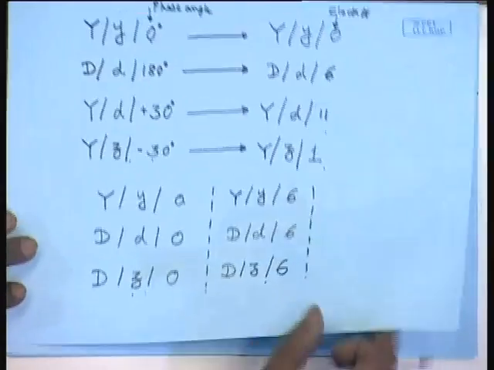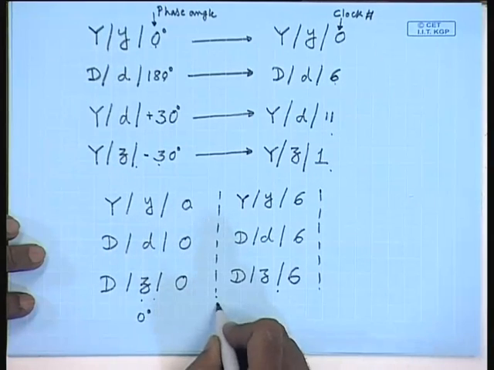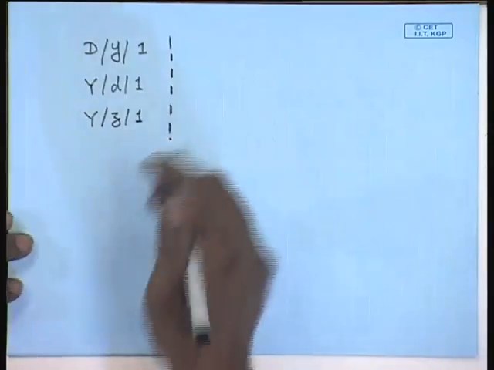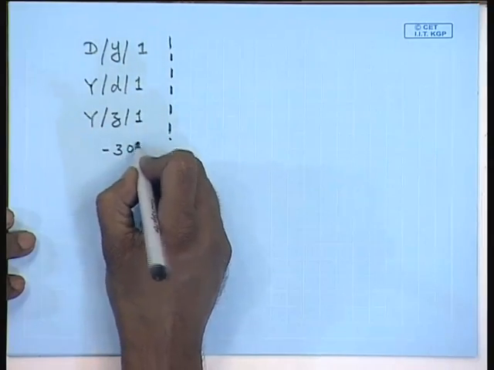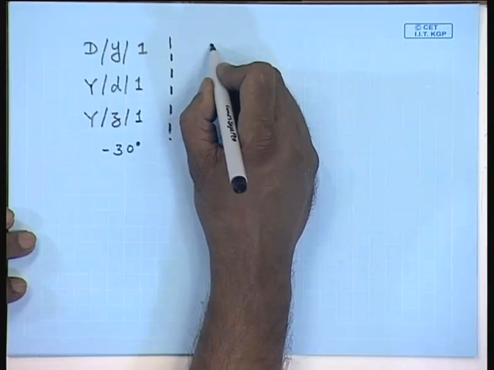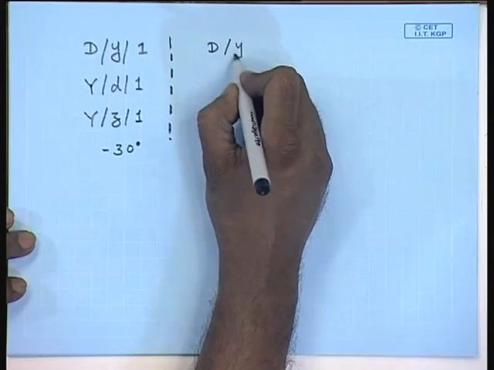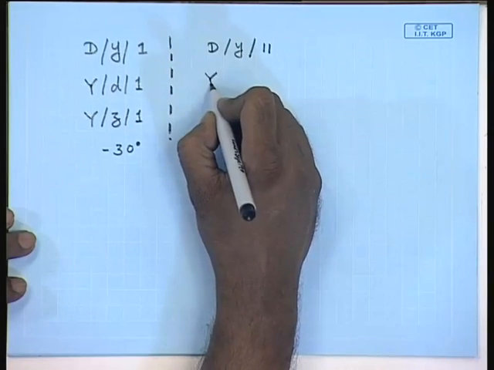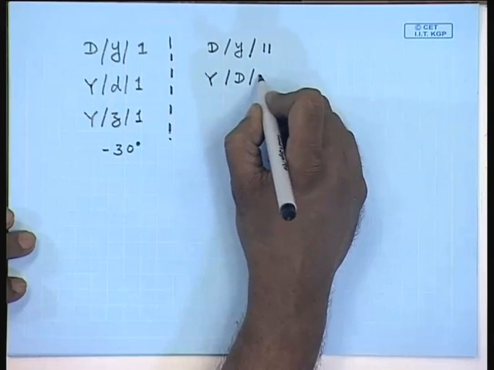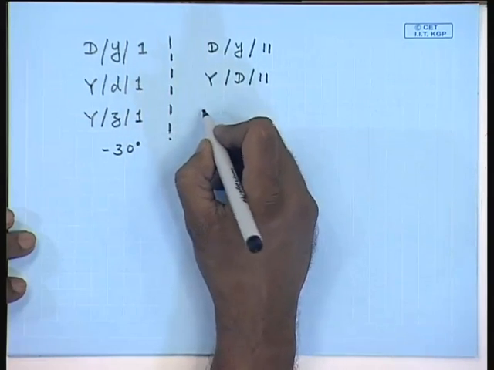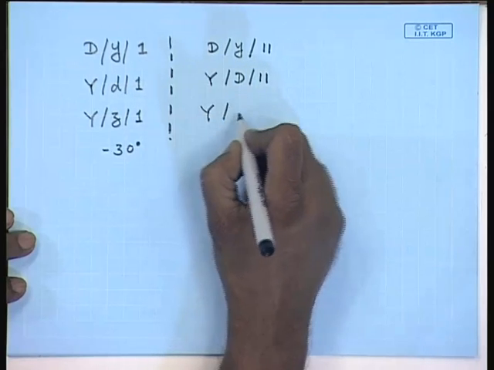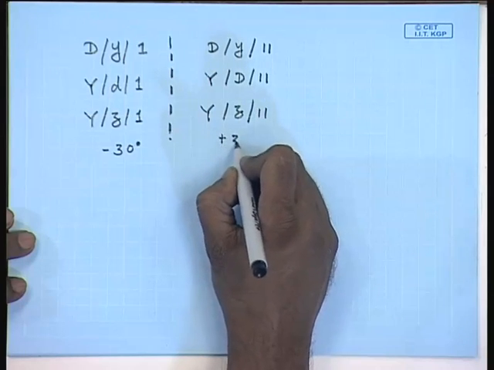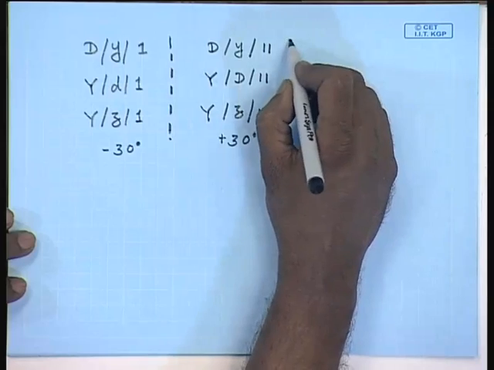So, this was 0 degree phase shift, this is 180 degree phase shift, this is minus 30 degree phase shift, and then you can have D Y 11, Y D 11 and Y Z 11. These are plus 30 degree phase shifted configurations.